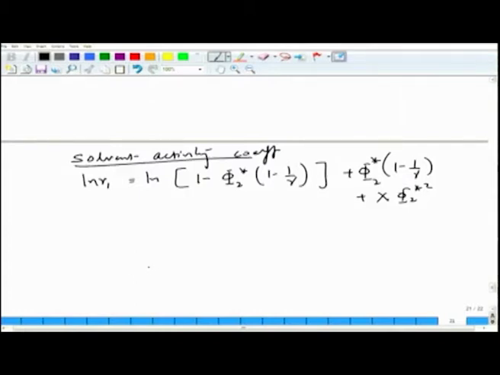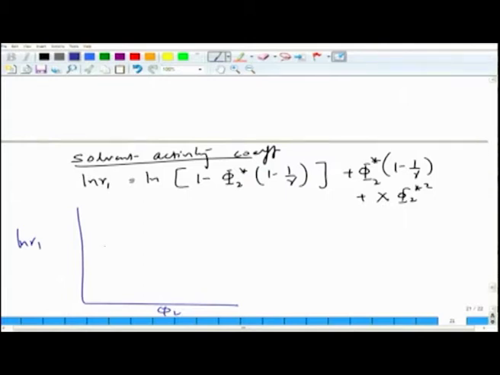Now, if you would like to see how this is going to be affected by the segment length, we can directly use this for some given chi parameter. This is typically the behavior of ln gamma 1 as a function of phi 2 for different r values. This is for the athermal case, when we consider chi to be 0.